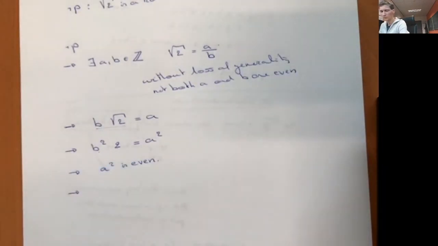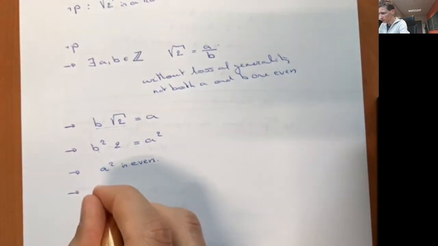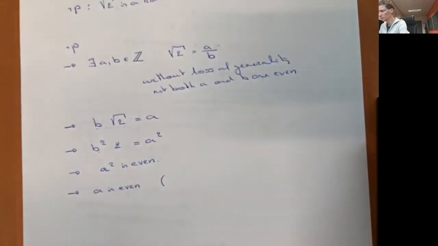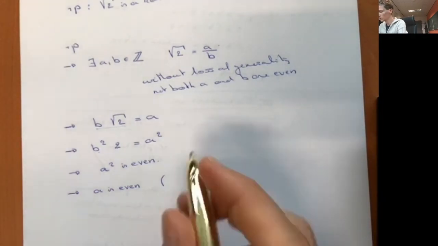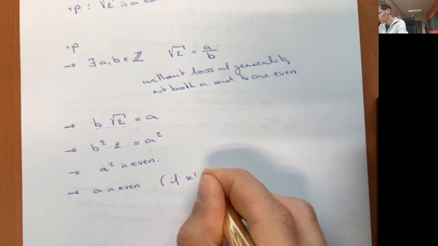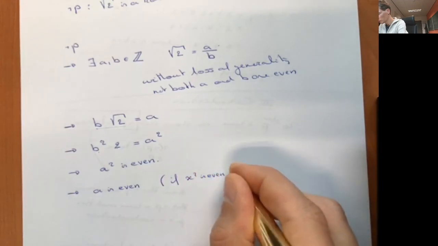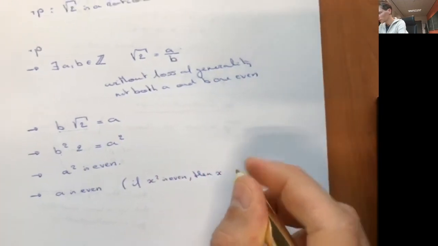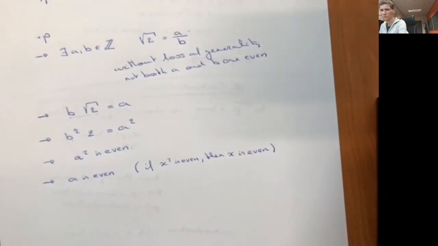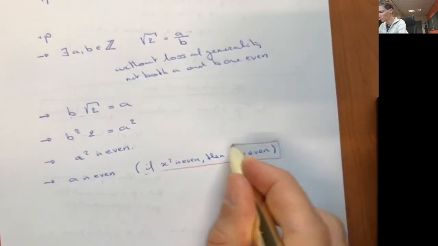If A squared is even, then you can show that A is even. So this requires some argument in the sense that you have to show that if x squared is even, then x is even, right? So try this for yourself, try to prove this proposition.